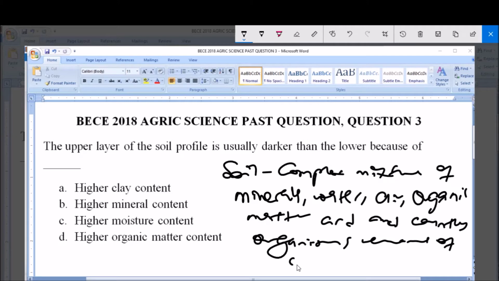Now, this soil is also described as the what?